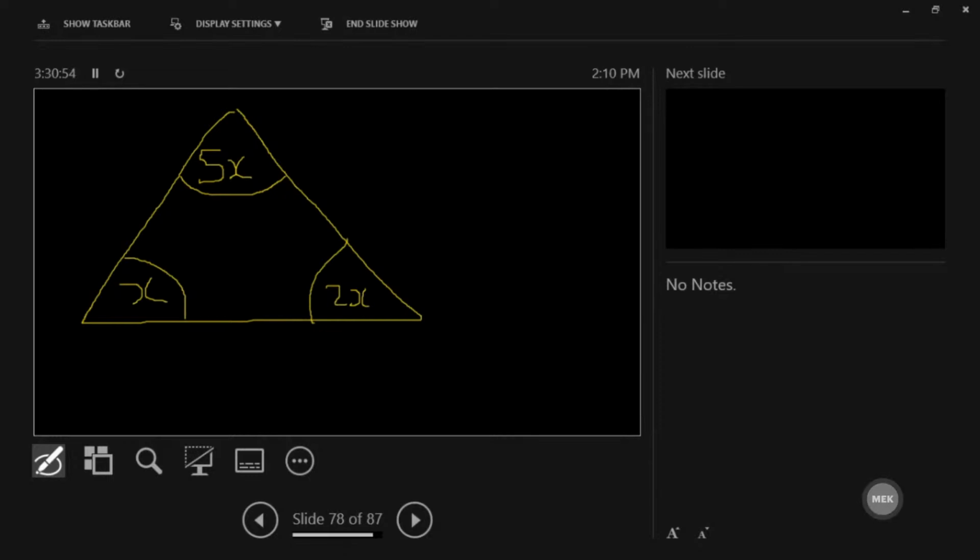Let me hear some more ideas. How are we going to approach this question? Imani, John, any ideas? It's three different angles. We want to find what's each of them. Yes, Imani, we have to find x. So what are we going to do?